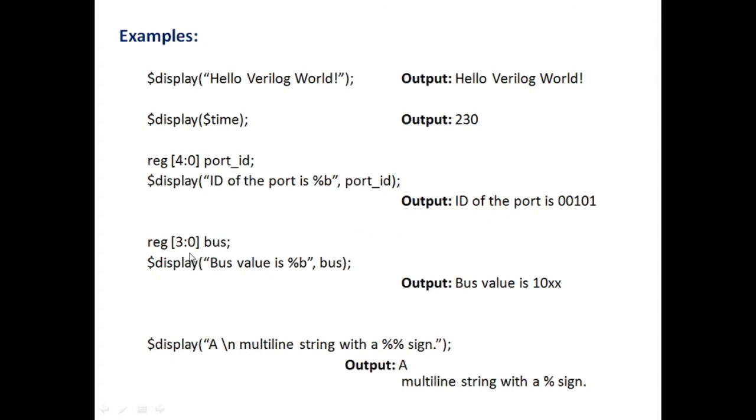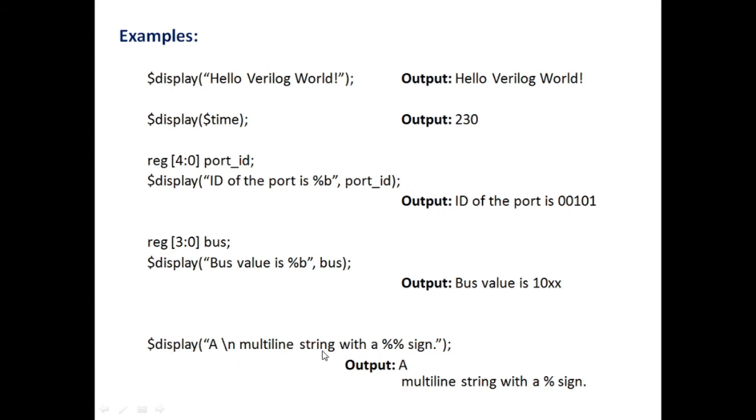Okay, and the next one is reg 3 down to 0 bus. So bus value is, what format specifier have I used here, again binary, that is percentile b. So bus value is 10xx. And the next one is $display, inside it I have an escaped character, not an escaped identifier.